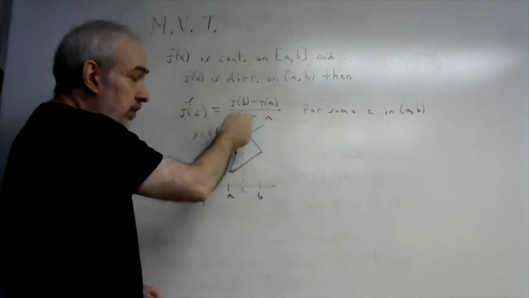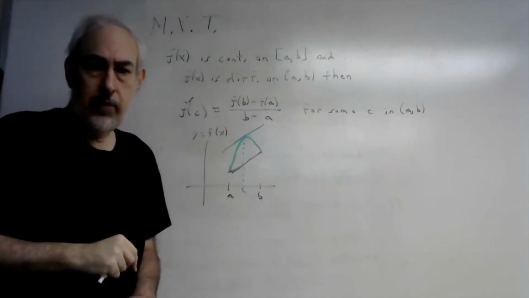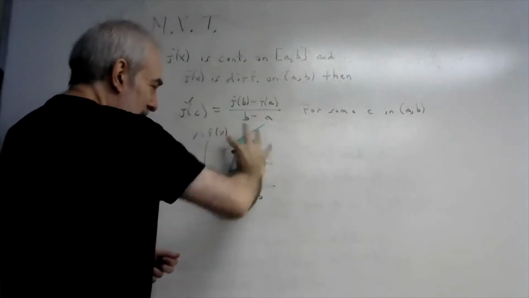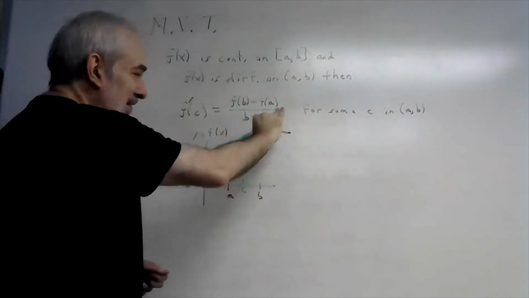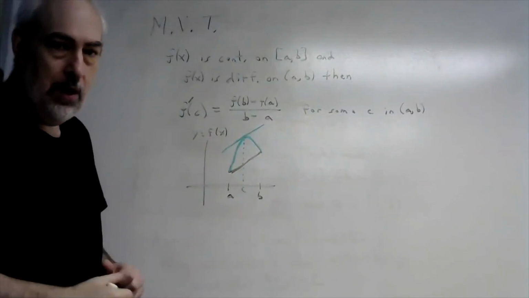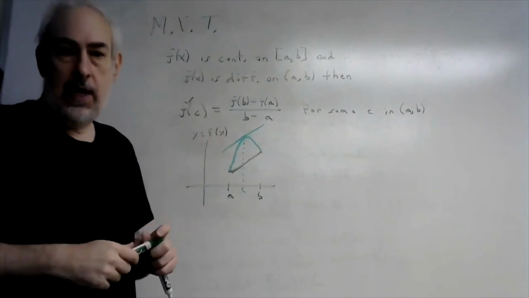So the derivative equals 0. You can think of this as like Rolle's theorem. If you rotated this so that that slope is 0, then that slope would also be 0 if you just rotated the graph. Okay, anyway, so this is the mean value theorem.